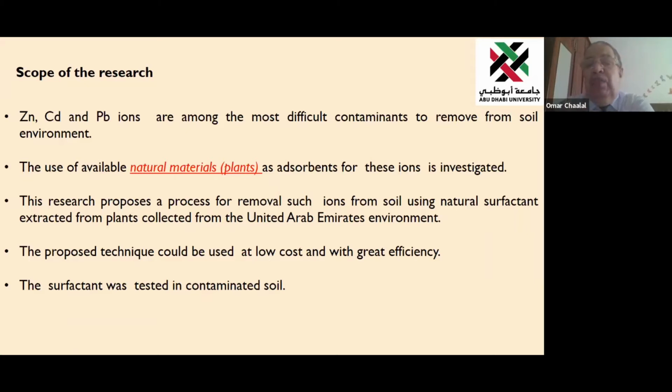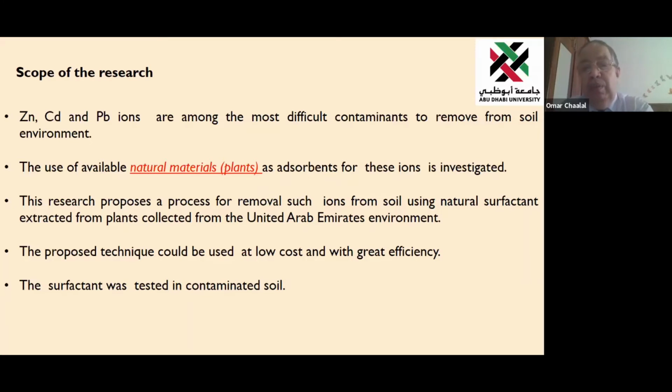These are the most difficult contaminants to remove from soil. And we are using natural materials, plants, because today everybody is talking about protecting the environment and green technology. So we are using some extracts from plants to do this investigation.